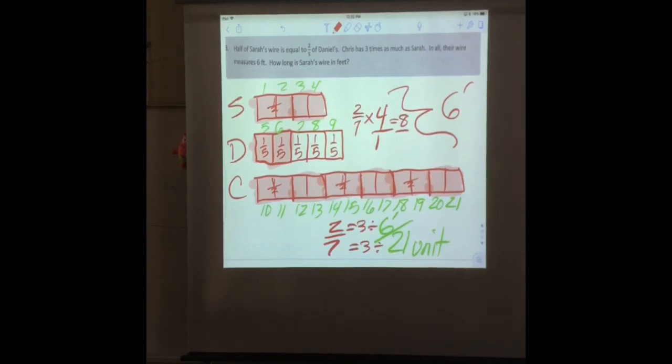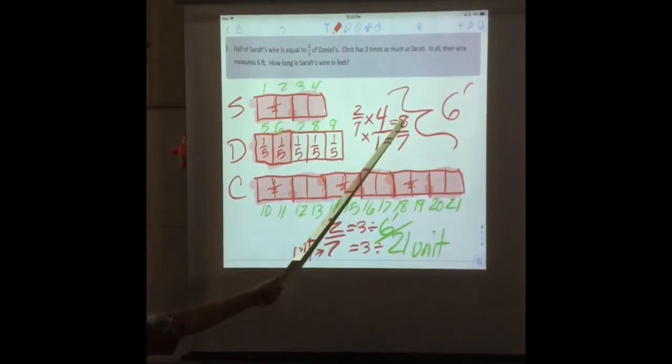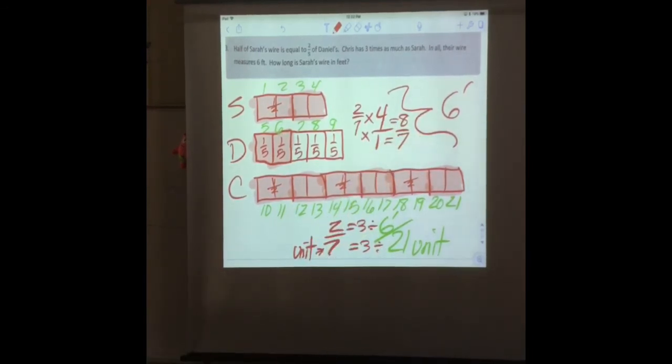And this 7 times 1 equals 7, because 7's our unit now. Our unit has turned from 21 units into 7, right? So it's 8/7.